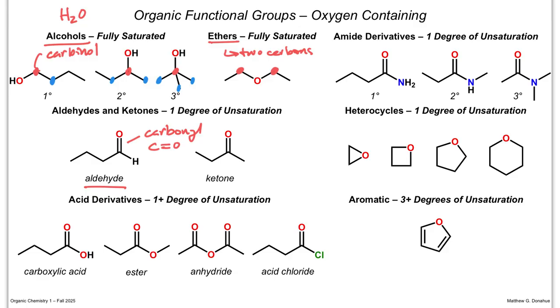So by necessity, in an aldehyde, the carbonyl group has to be at the end of the carbon chain because of that H group. If we move that carbonyl to an internal carbon, that makes a ketone. So the carbonyl carbon is now bonded to two other carbons.